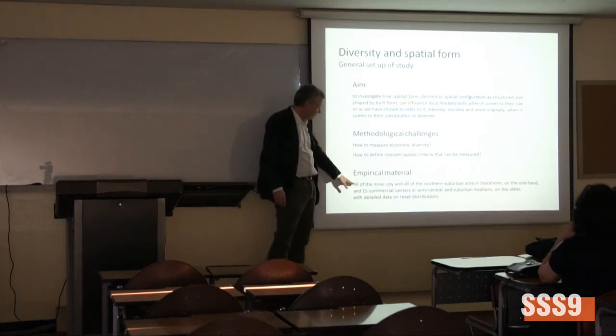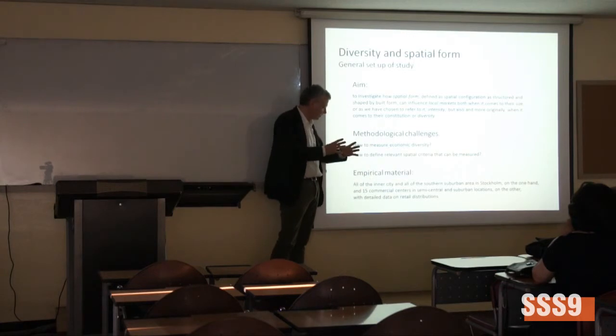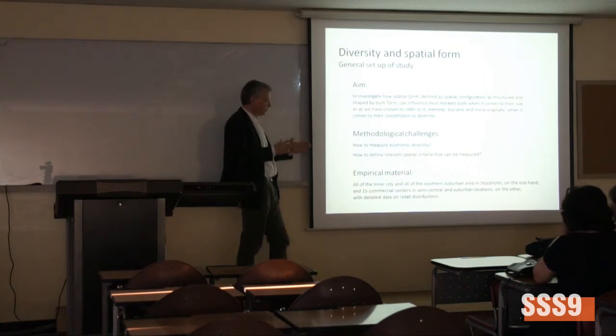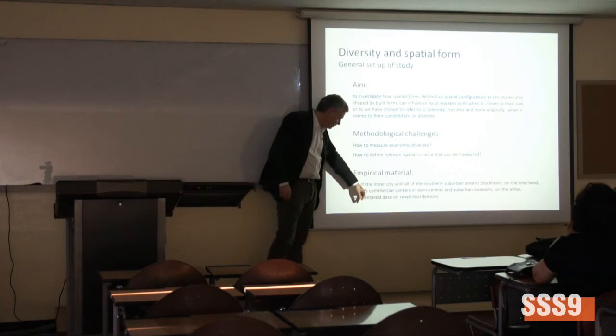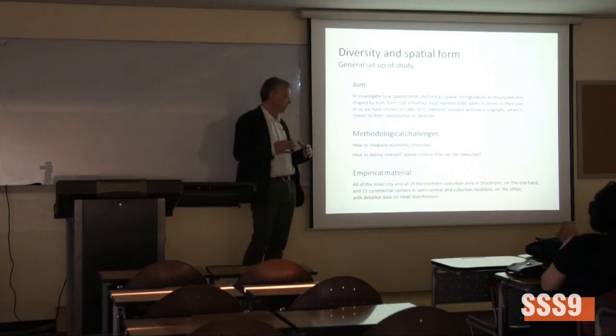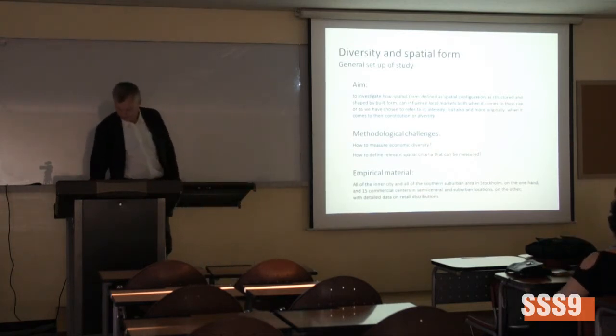So first we look at one set that is all of the inner city of Stockholm and all of the southern suburbs, but not the northern suburbs. Then we do another set where we concentrate on 15 centers in semi-central and suburban locations around Stockholm. So it's kind of two empirical studies.